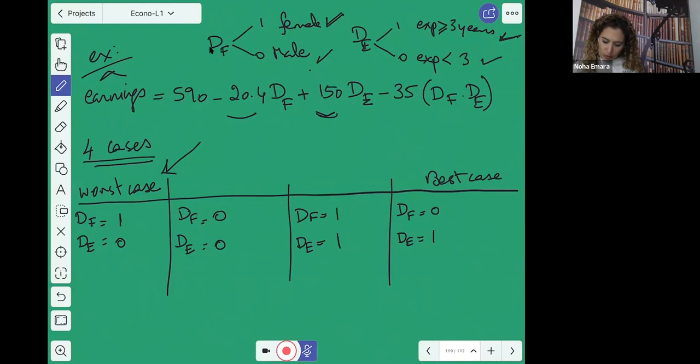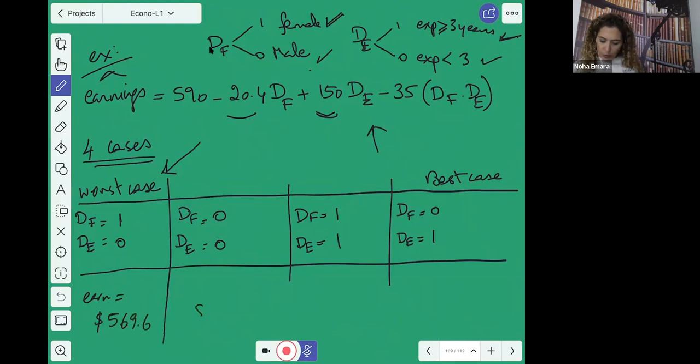So if you plug 1 and 0 into this equation and you solve for the earnings, you would find earning is equal to 569.6 and then 590 and then 684.6 and then 740.